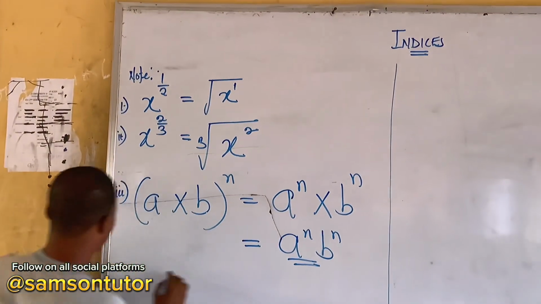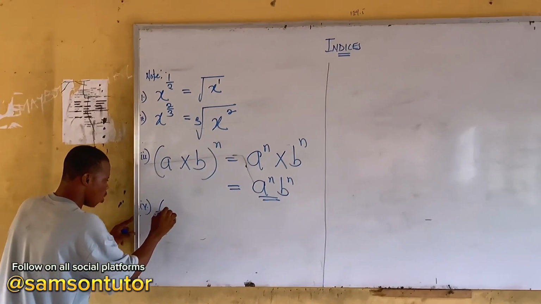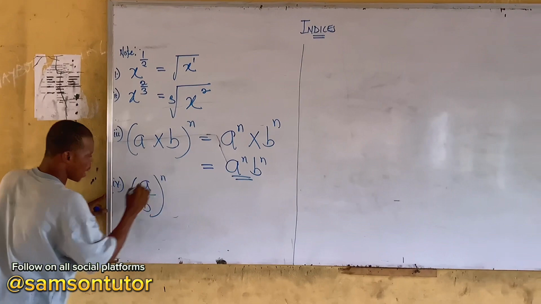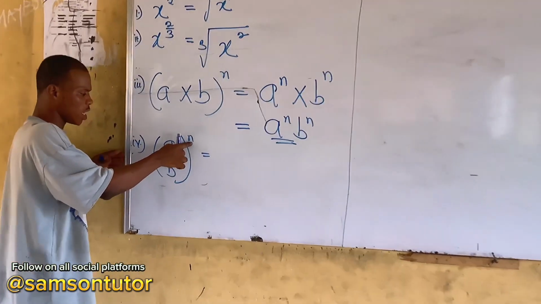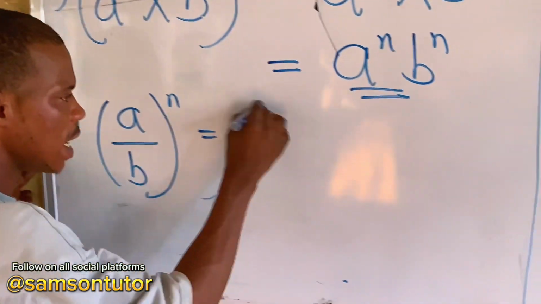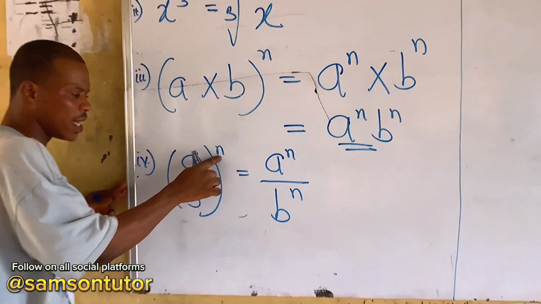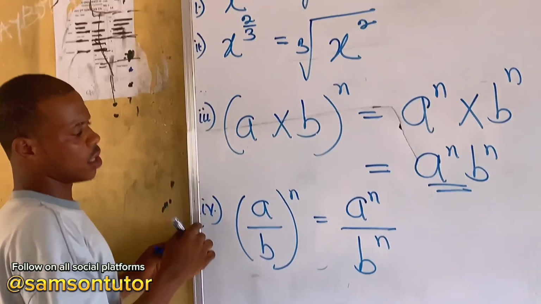Now we have Roman figure 4, which says that open bracket a over b, close bracket, all raised to power n, is still the same thing as a raised to power n over b raised to power n. The power outside the bracket belongs to everything inside the bracket, both the a and the b.